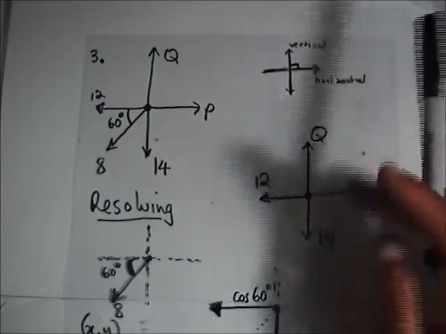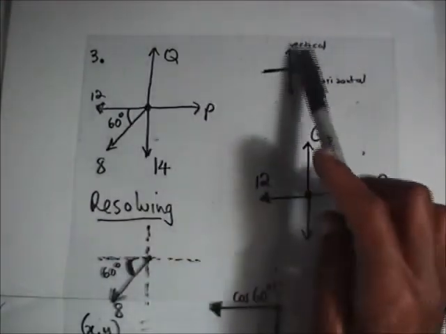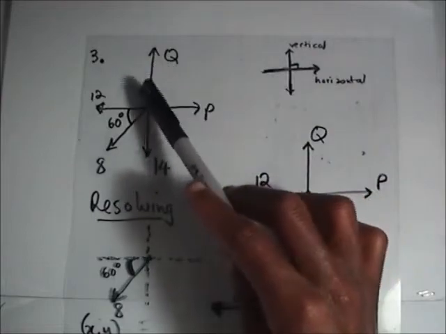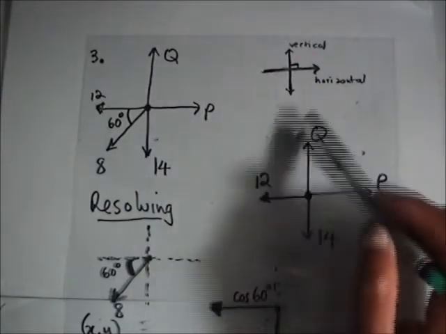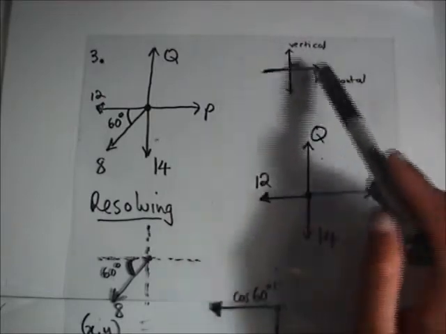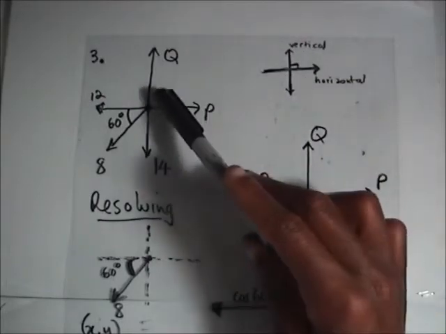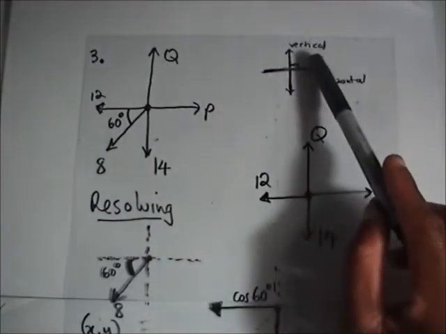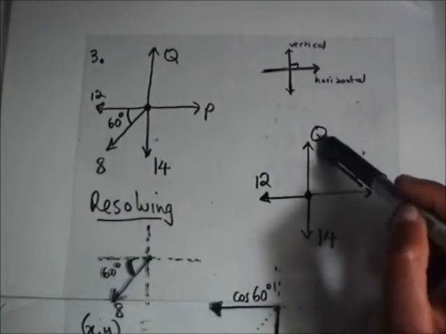And then I started putting these forces in the right directions, respecting the new coordinate system. I saw that Q is vertically upwards, so Q just stayed vertically upward.